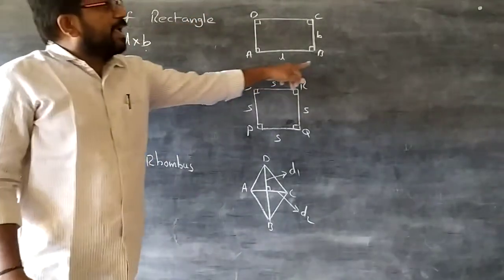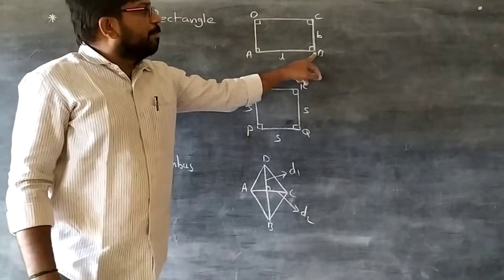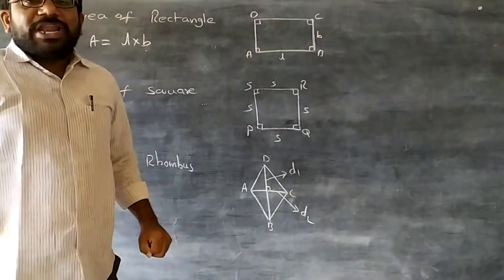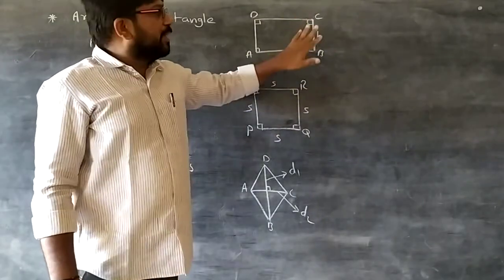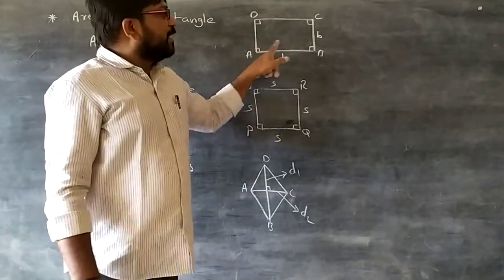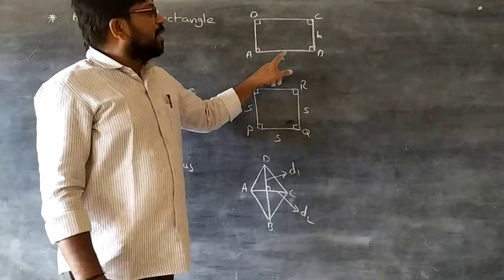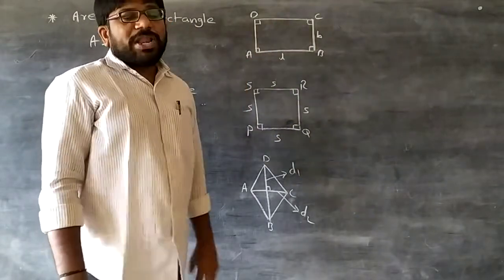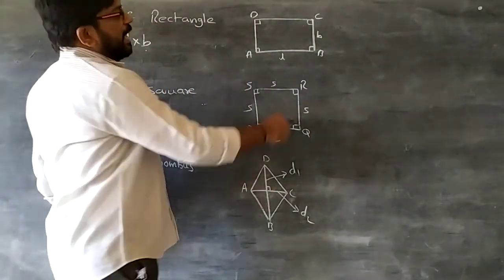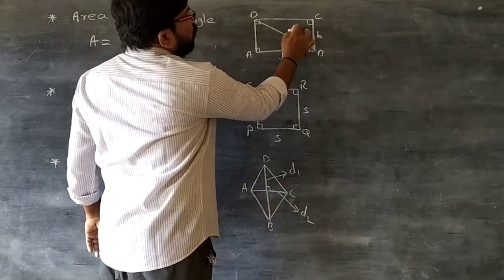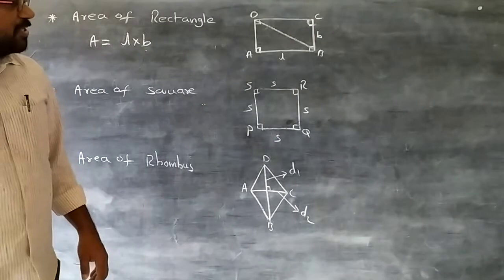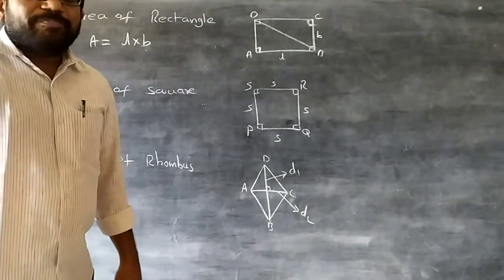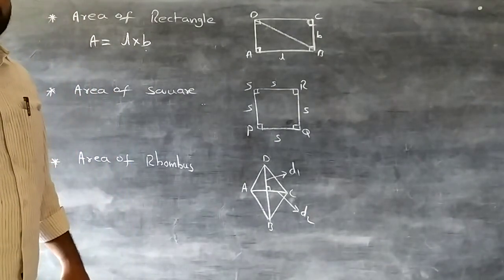When we know length and breadth, the area of rectangle is length into breadth, L into B. In rectangle, each angle is 90 and the opposite sides are equal, right? And diagonal divides it into two congruent right angle triangles, right? So area of rectangle formula, length into breadth, L into B.